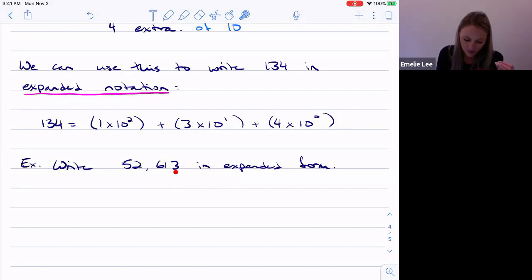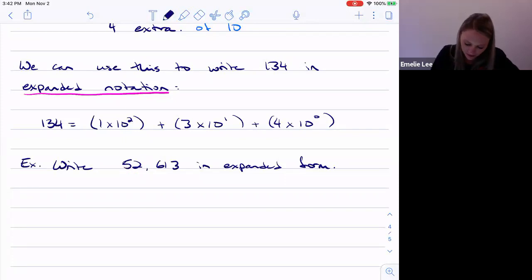So 3 times 10 to the power of 0, right? 1 times 10 to the power of 1, 6 times 10 to the power of 2, 2 times 10 to the power of 3, 5 times 10 to the power of 4.